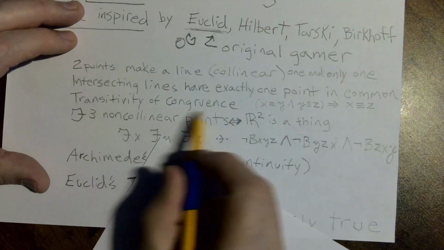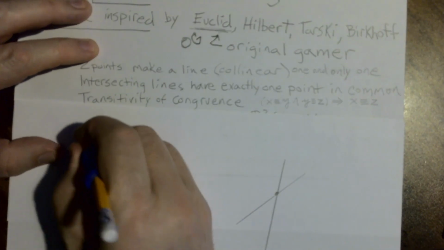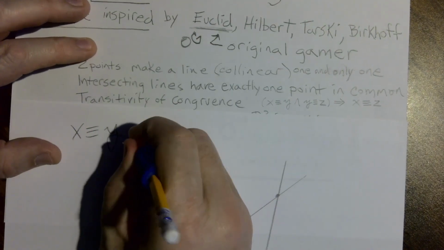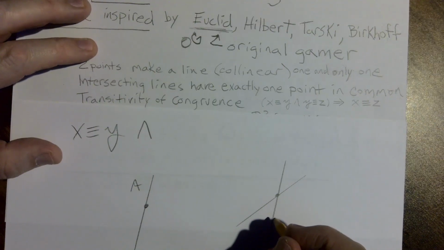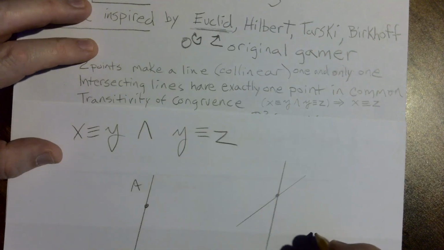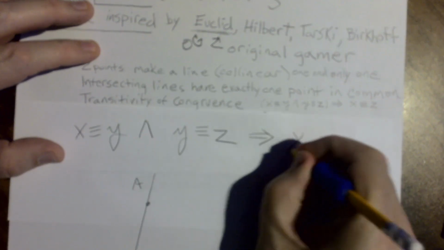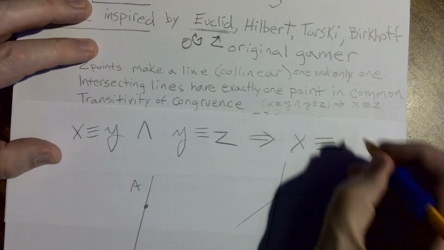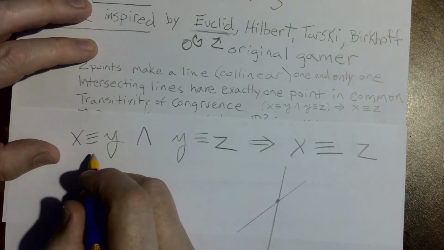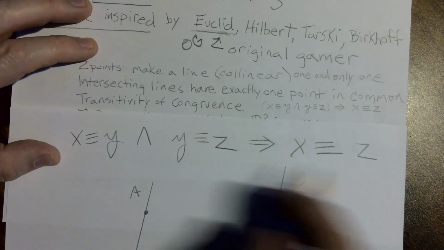Transitivity of congruence. That's basically saying, if X is congruent to Y and Y is congruent to Z, then X is congruent to Z. Okay, that's an axiom.